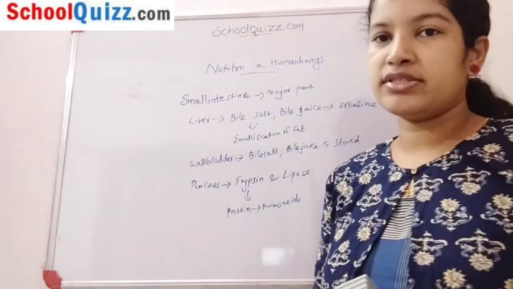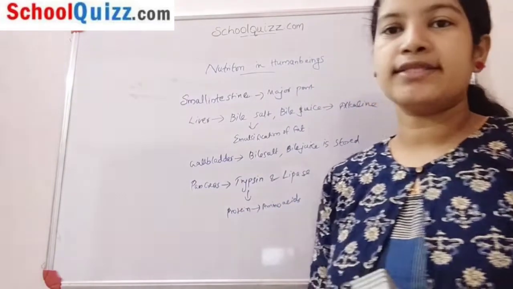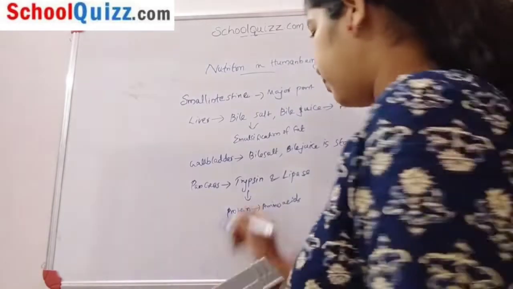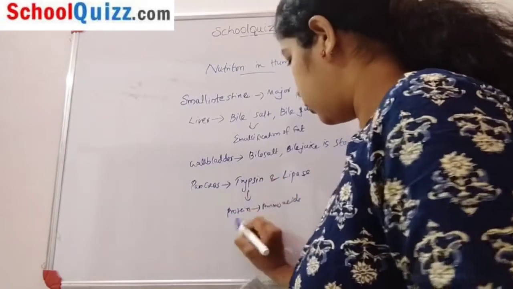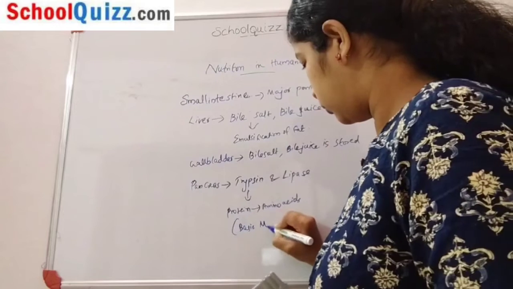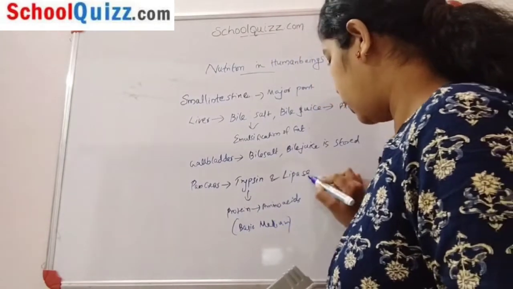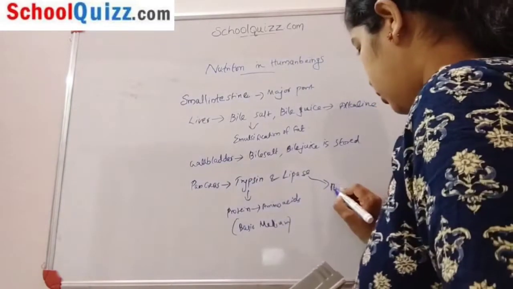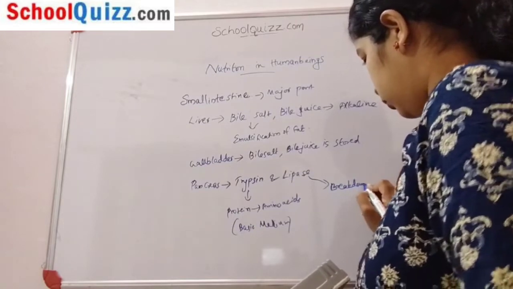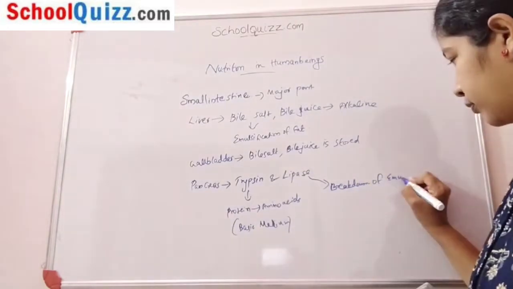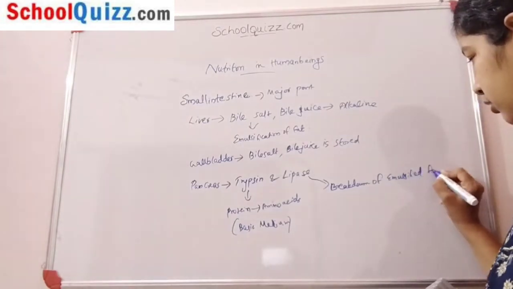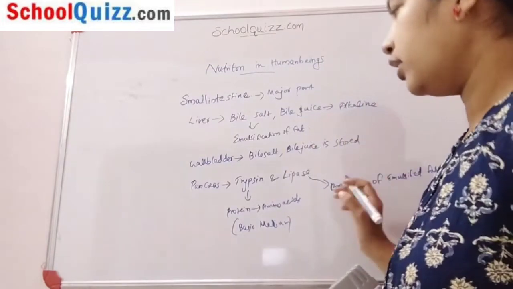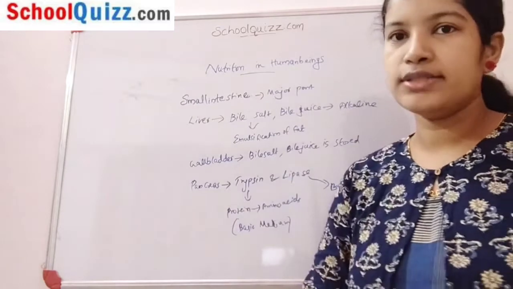The only difference between pepsin and trypsin is that pepsin acts better in an acidic medium, and trypsin acts only in a basic medium. Lipase helps the breakdown of emulsified fat. So these are all the things that occur in our small intestine.